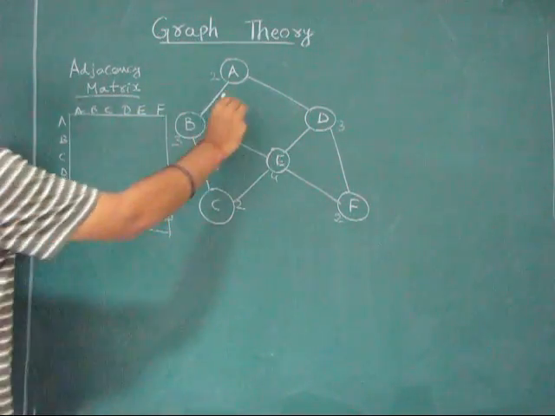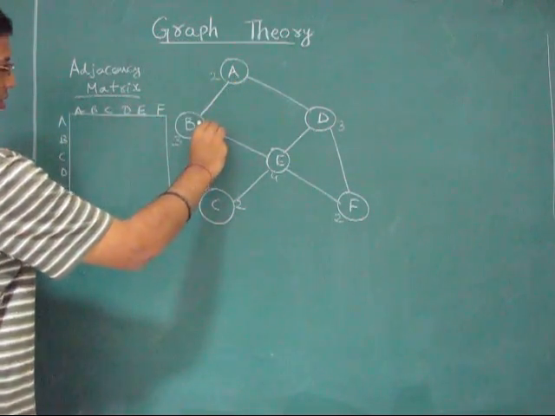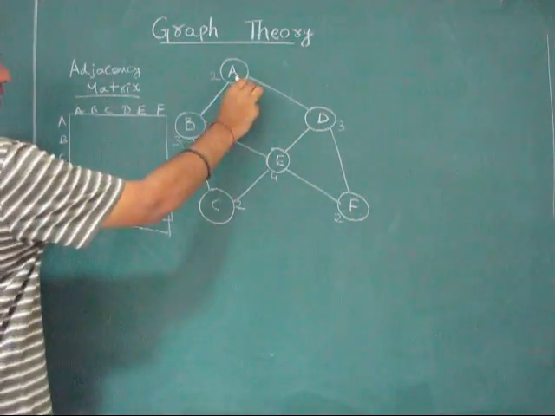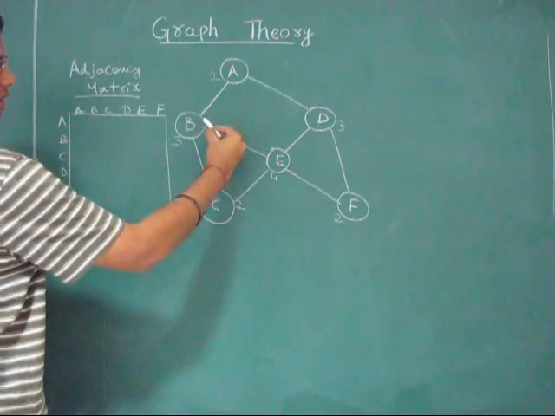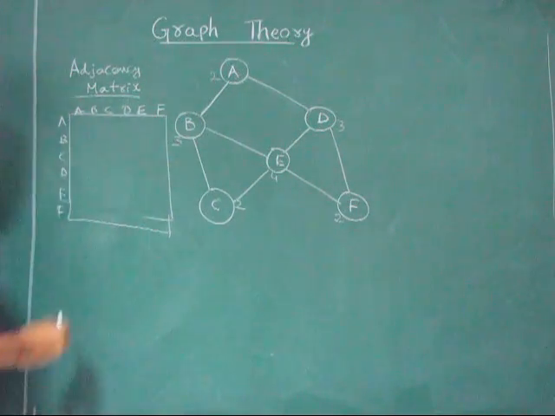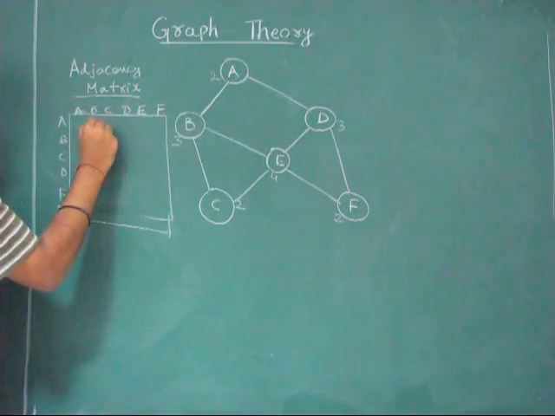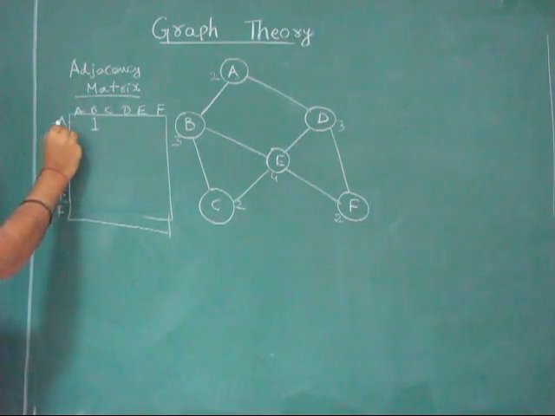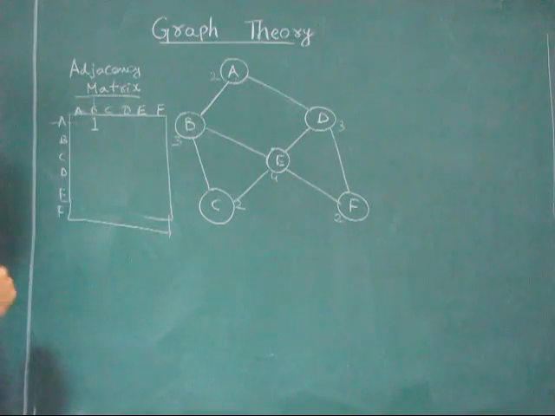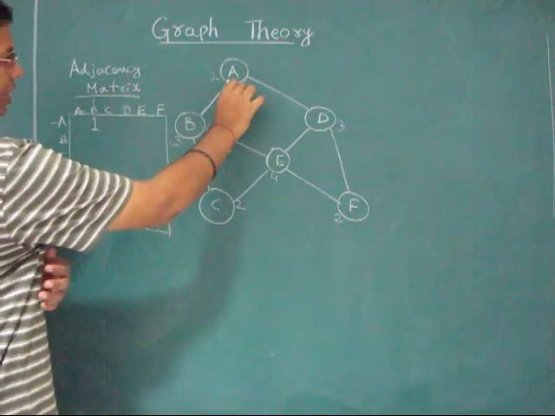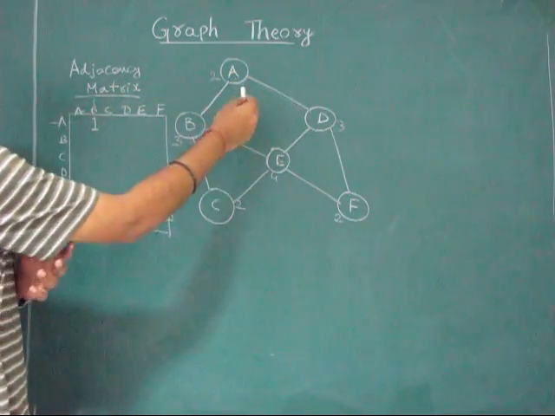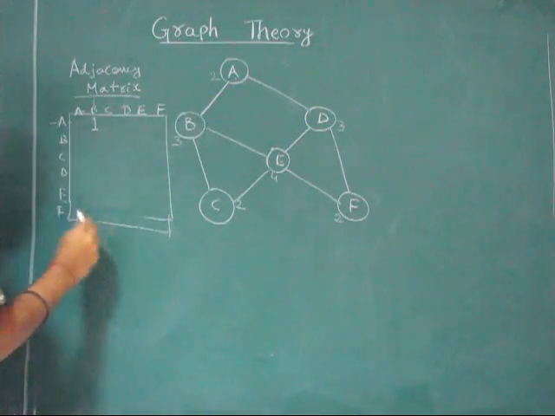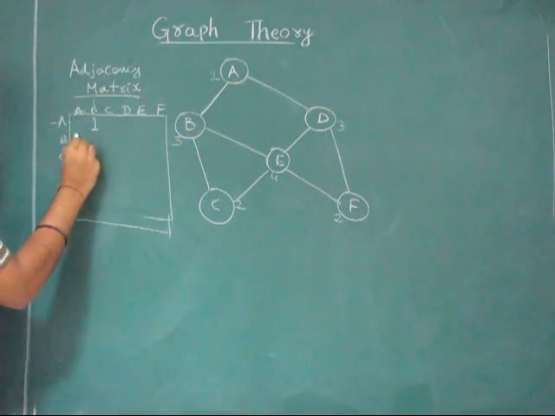Whenever there is an edge between two vertices, let's take this edge. This edge connects vertices A and B. So in row A and column B, I will put a 1, representing that there is an edge between these two vertices. If there is an edge between A and B, you can also treat this as an edge between B and A. Similarly, there will be an edge between B and D.